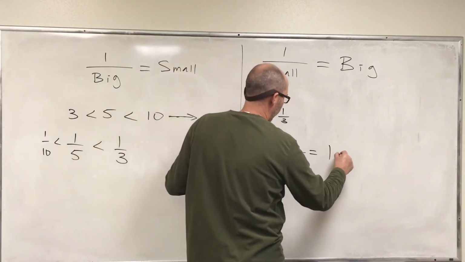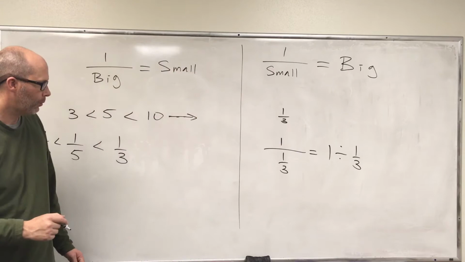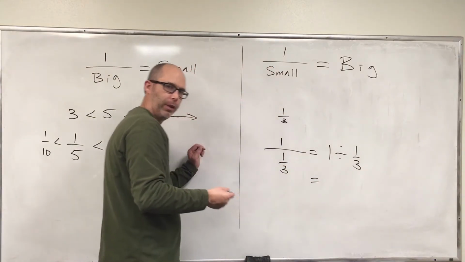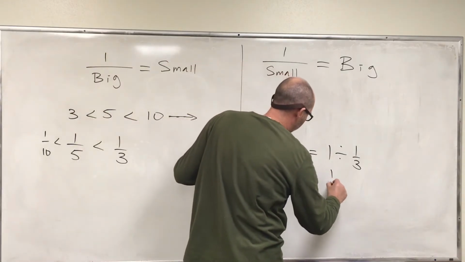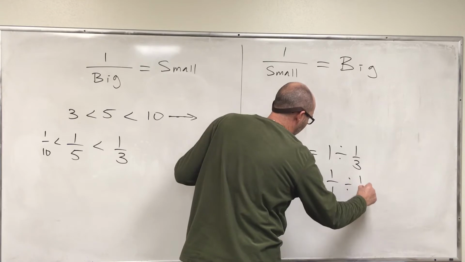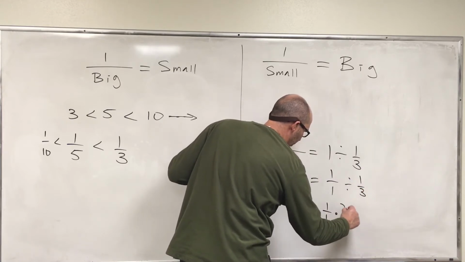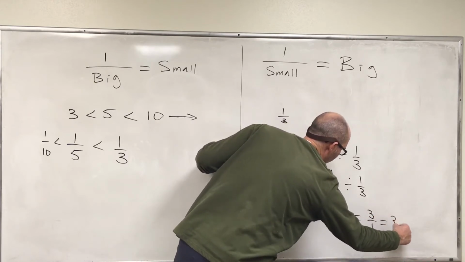This is 1 divided by 1/3. To be really technical, like you learned in pre-algebra, maybe, you've got 1 over 1 divided by 1 over 3. This is 1 over 1 times 3 over 1, which is 3 over 1, which is 3.